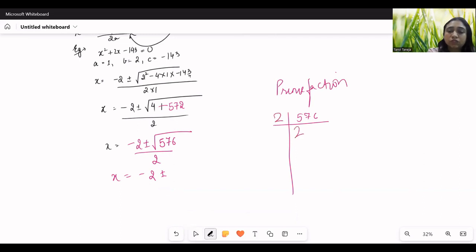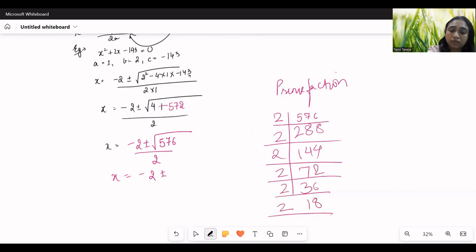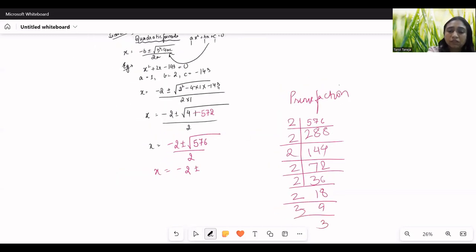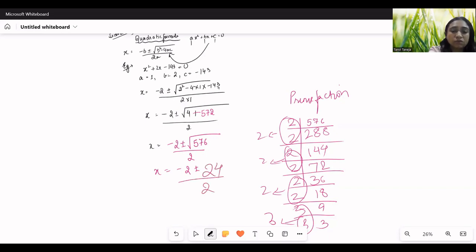Just see how I'm solving. 144, then again by 2, again by 2, again by 2, again by 2, and this can be solved further by 3. Now let's make the pairs. The square root is 2 into 2 into 2 into 3, that is 24. So I'm going to write directly here 24.